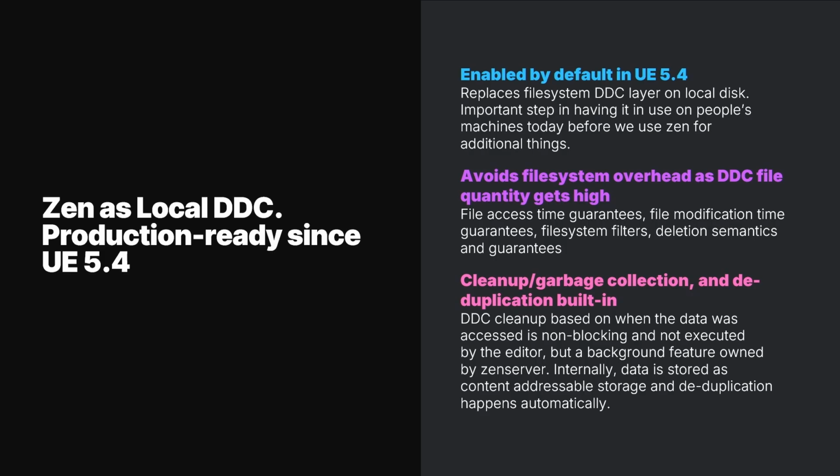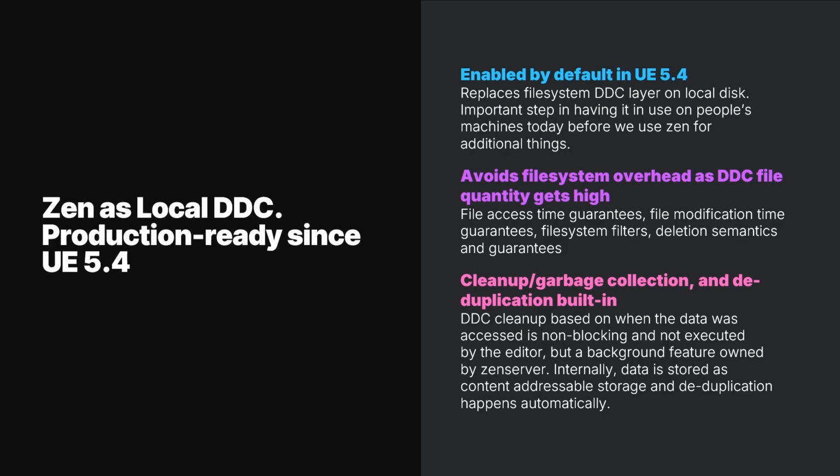Okay, so now we start talking about the roles in which we're using ZenServer. The thing to be aware of is it's enabled by default in UE 5.4. It replaces the file system DDC layer on local disk. And this was an important step for us in having it in use on people's machines today before we use it for other things. And what it's given us is it allows us to avoid file system overhead as DDC file quantity gets high.